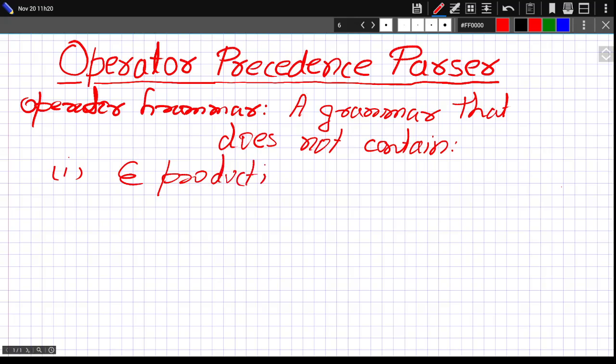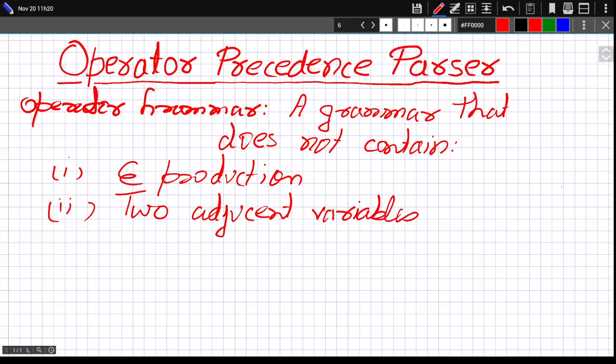and second thing, that if they have two adjacent variables on the right hand side of a production.